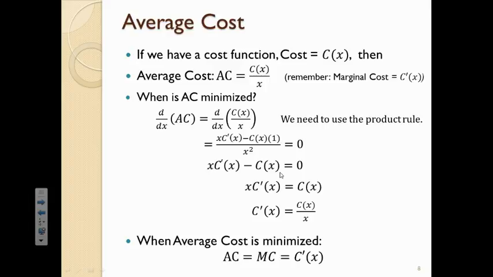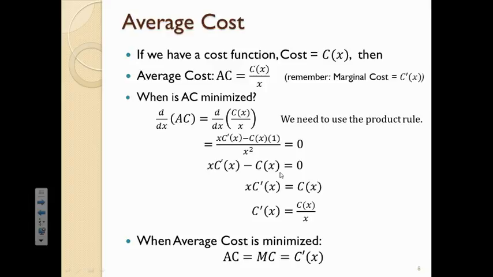Now, I need to note the exception that if you have a straight line function, then you could actually have the average cost and the first derivative be the same all of the time. But again, usually we're talking with more complex things than that in working with production.